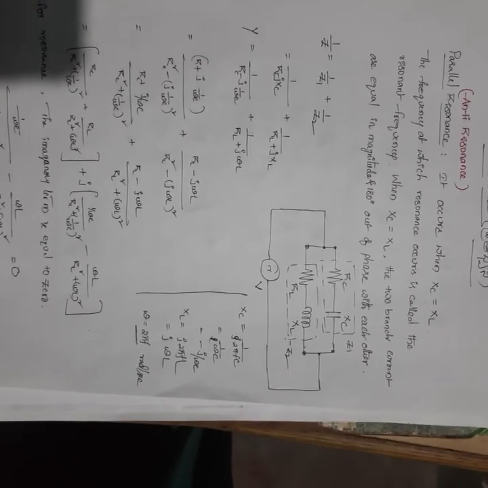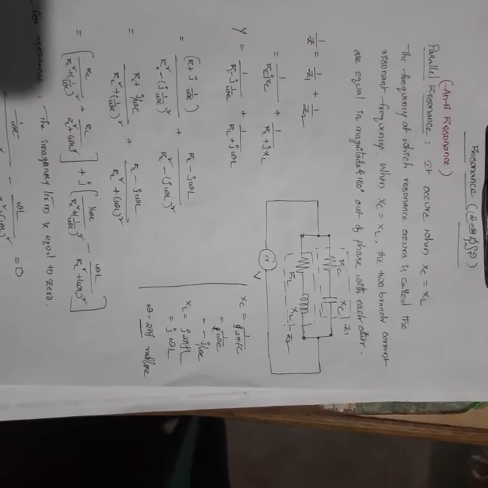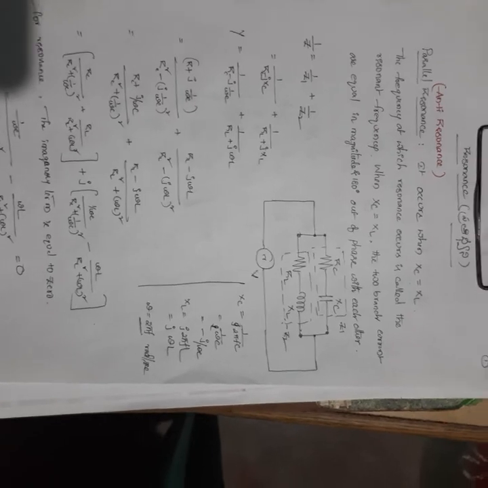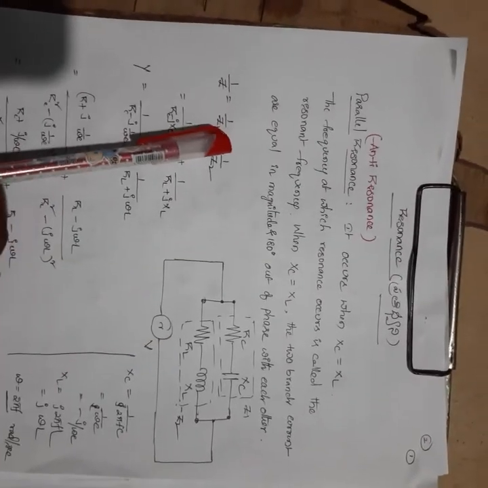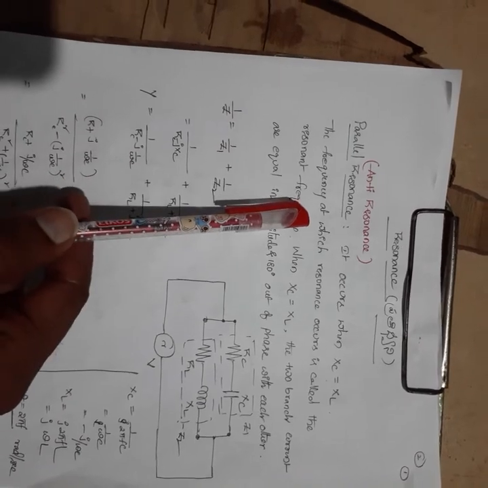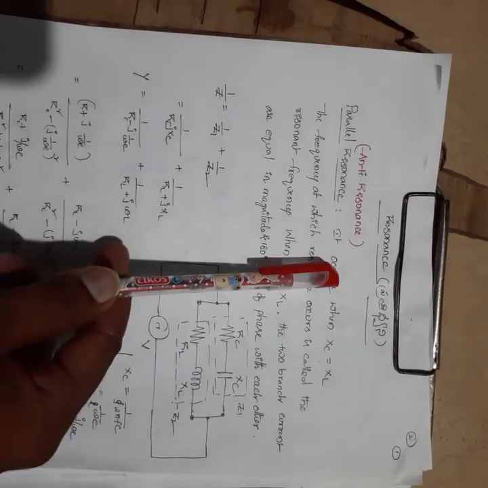The resonance condition can be present in any type of circuit, when the capacitive reactance is equal to the inductive reactance. Here we are discussing parallel resonance, which is nothing but anti-resonance.